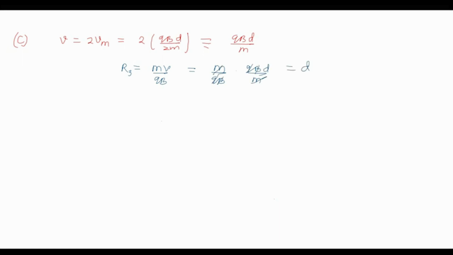So now what will happen, as the charged particle moves, it will move something like this. This is the trajectory of the positive charged particle plus q, which is moving with twice Vm, and the other one, which is the minus q and is also moving with twice Vm, will follow a trajectory like this and it will collide somewhere here.